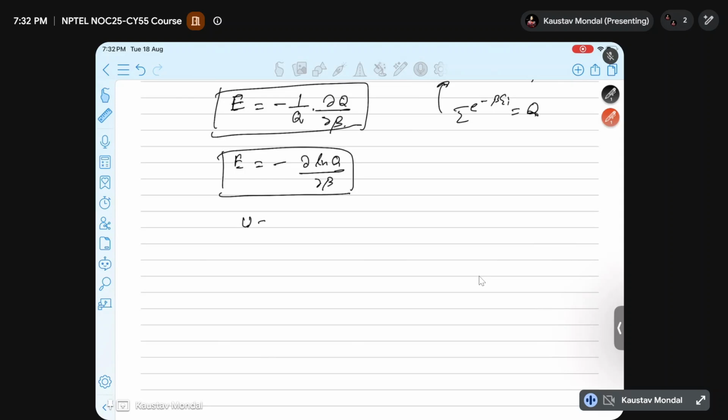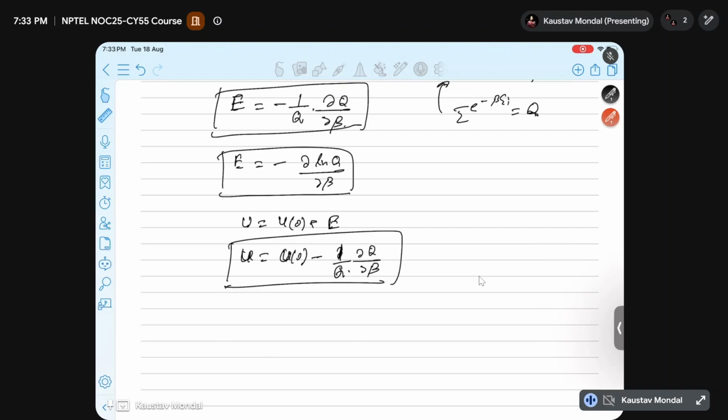So internal energy U is u0 plus E. So U equal to u0 minus 1 by Q into del Q by del beta. So this is the internal energy expression.